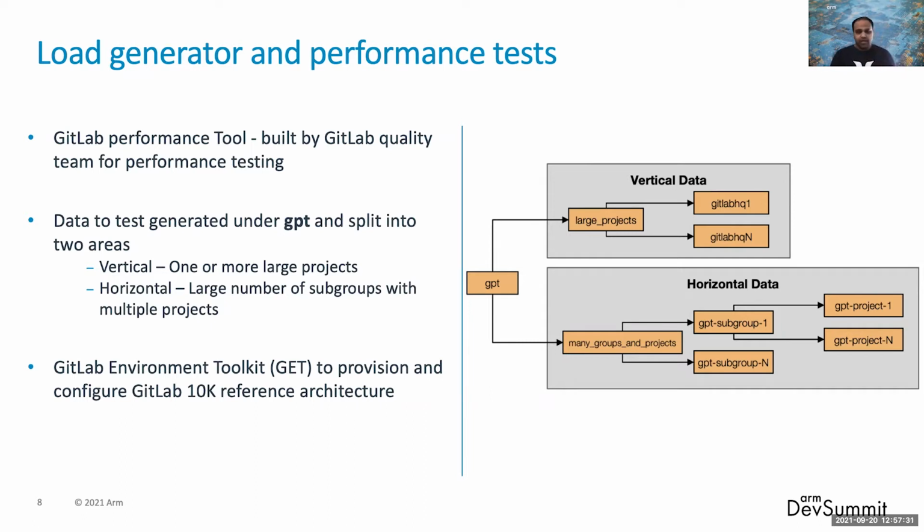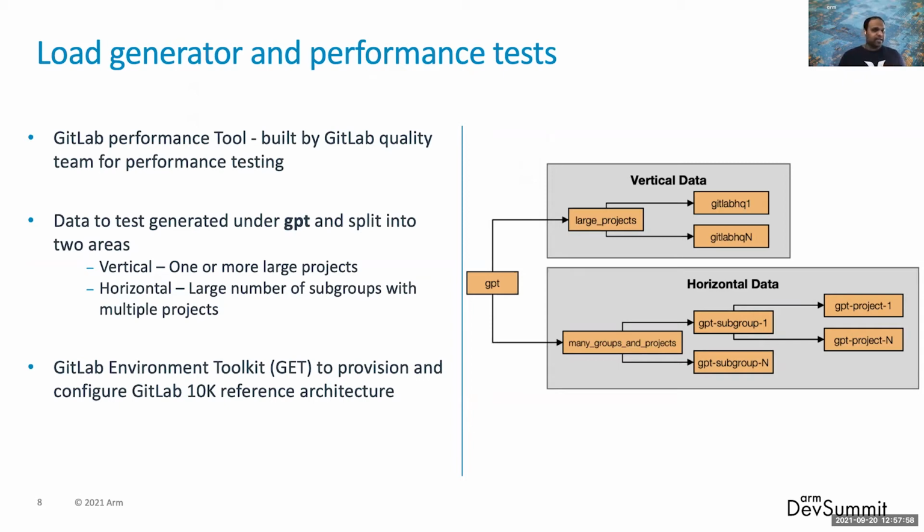At a high level, there are two different sets of tests generated by GPT. The tool itself is based on K6, the open source tool, and it provides a lot of different tests that are designed to effectively test the performance of GitLab. It can be used manually and automatically.